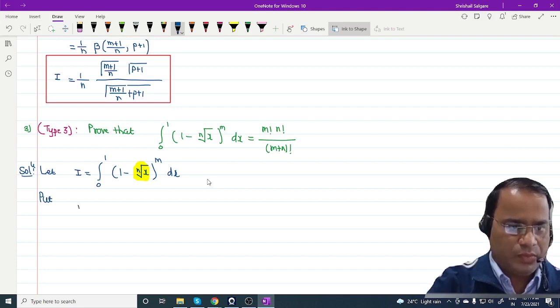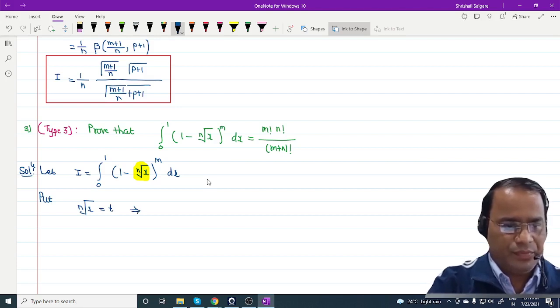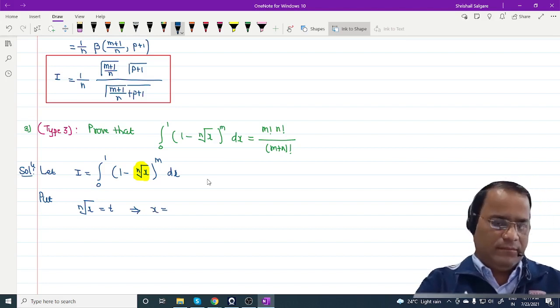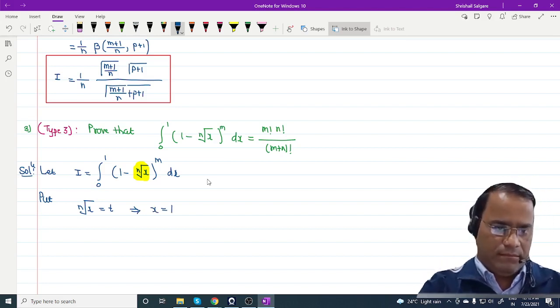Put nth root of x is equal to t. That means x is equal to t raised to n, taking nth power on both sides. So this implies dx is equal to n into t raised to n minus 1 dt.